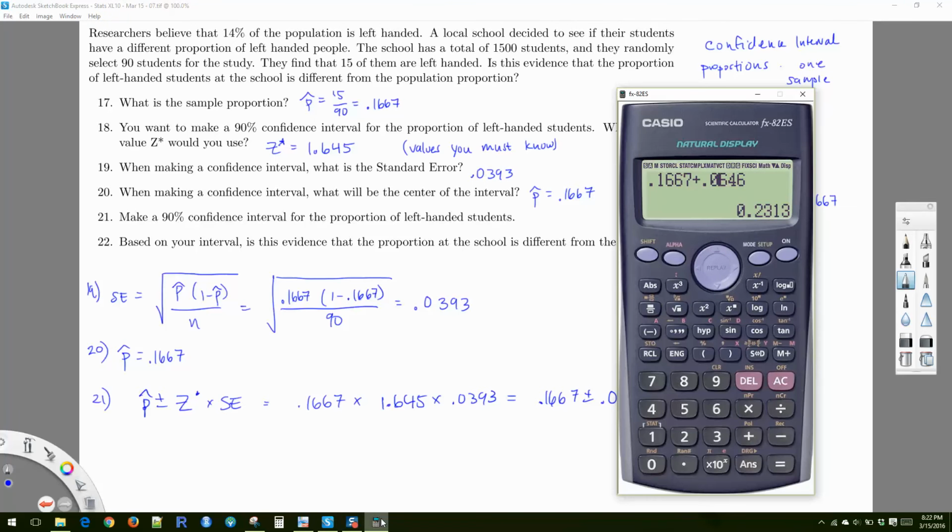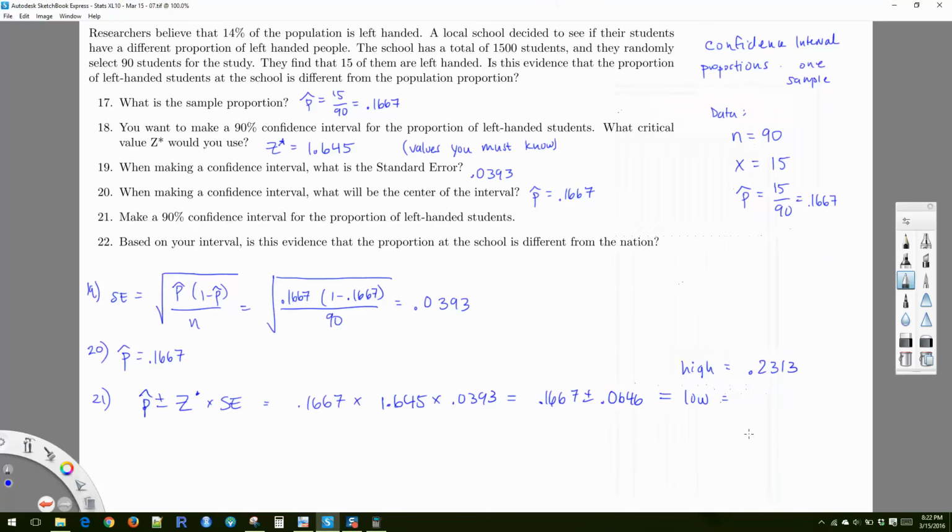And on the low, we just do this minus 0.1021. Okay, so our interval goes from 0.1021 to 0.2313. So far, so good? Creating the confidence interval?